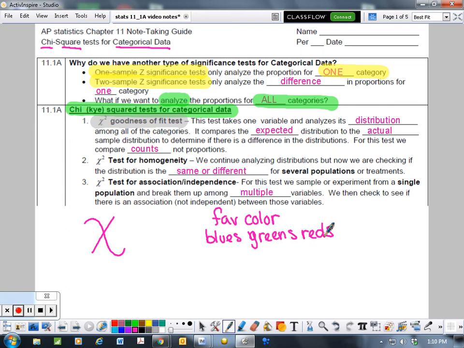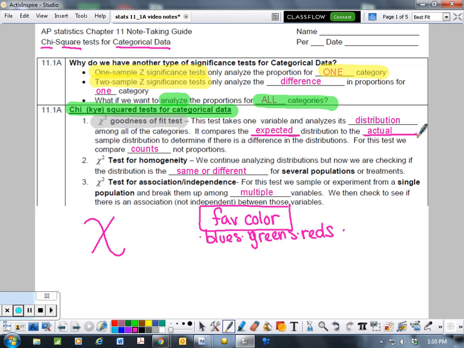That would be our original Z significance test. But if I want to look at every breakdown in that favorite color variable, every category that we determine, then we're going to use the chi-squared goodness of fit test. What it does is compare the expected distribution to the actual sample distribution, and it tries to determine, is there really a difference in what we expect versus what we actually get?